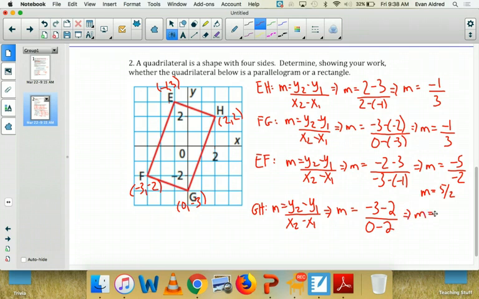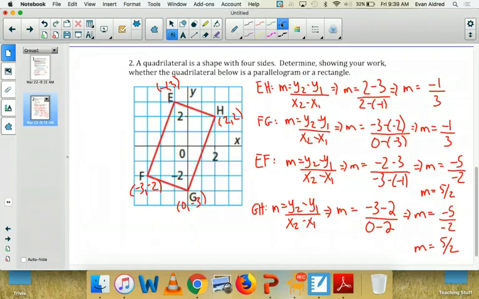And we get a slope of negative 5 over negative 2 again, which is 5 over 2. So we have found that the left side is parallel to the right side, the top is parallel to the bottom. So we are almost done this question.